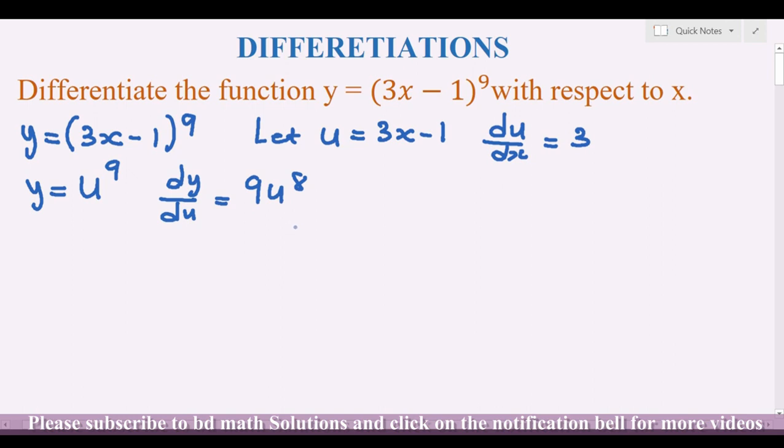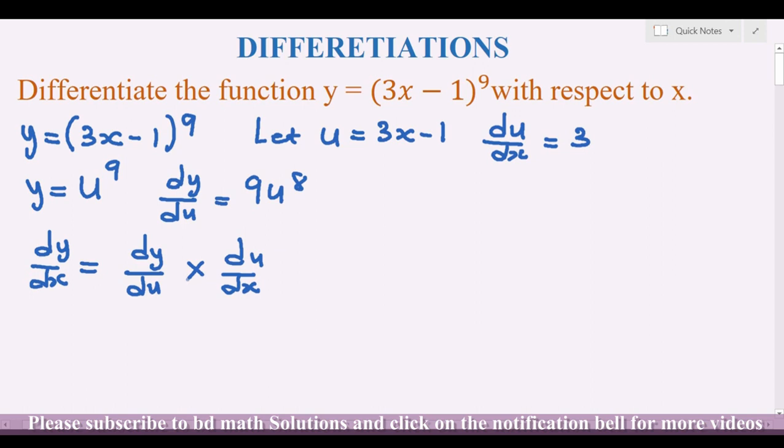But we are differentiating the function y with respect to x. So the differentiation dy/dx, which we are supposed to get, will give us dy/du times du/dx.